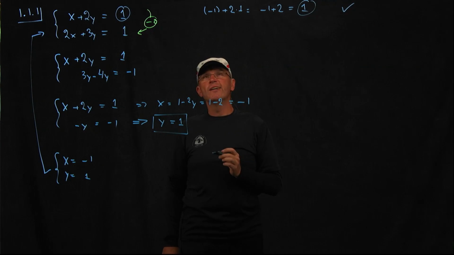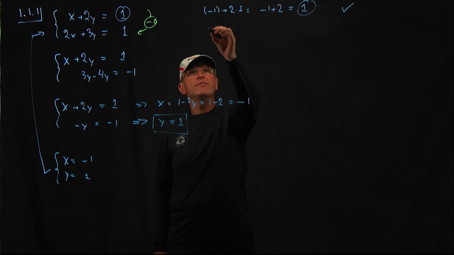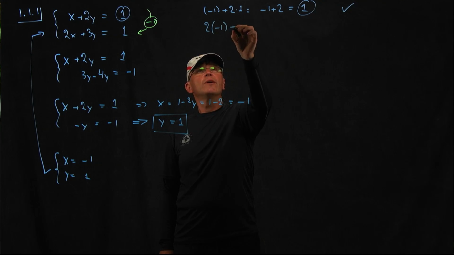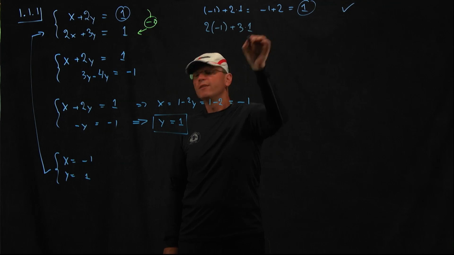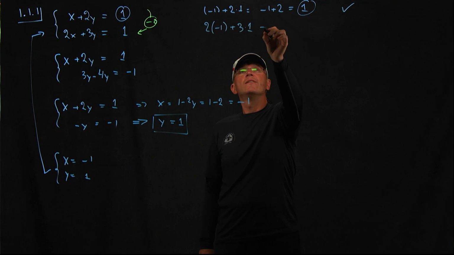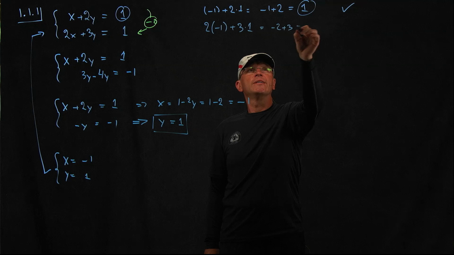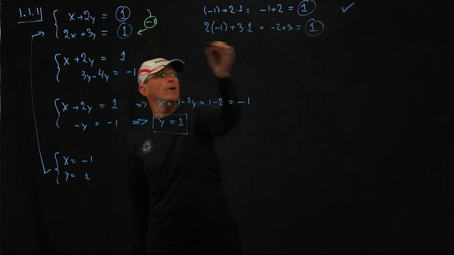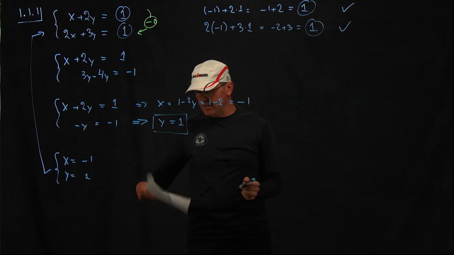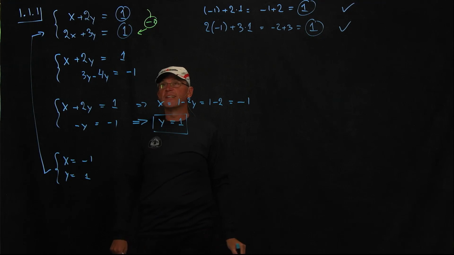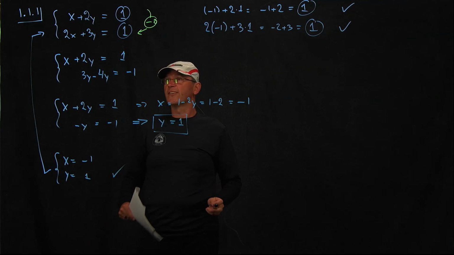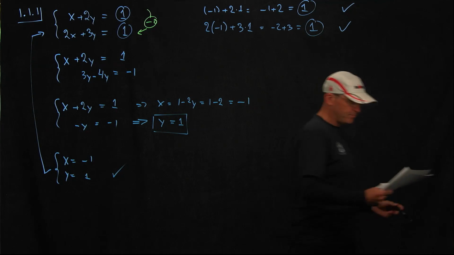So that's good. Then we have 2 times negative 1 plus 3 times 1. So negative 2 plus 3 equals 1. And that matches. So that means that we have some confidence in our solution. So that's a good one.